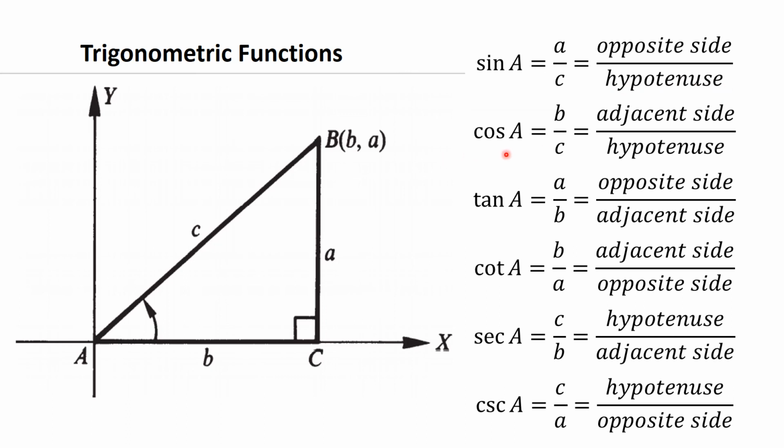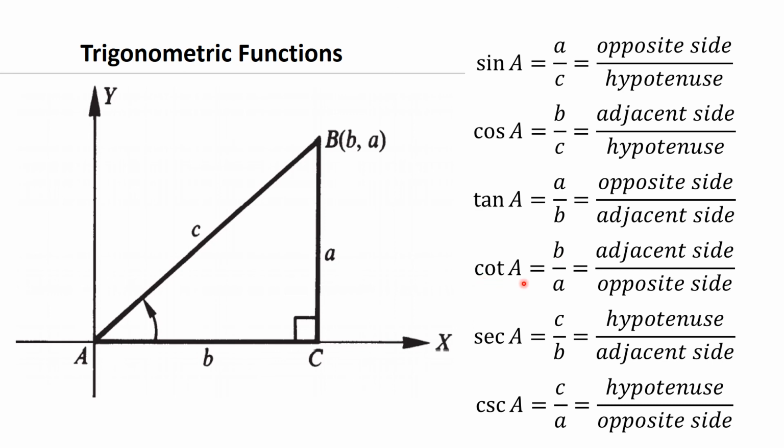Cosine of angle A is equal to side B divided by side C, or the ratio of the adjacent side to the hypotenuse. Tangent of angle A is equal to the ratio of side A to side B, or the ratio of the opposite side to the adjacent side.